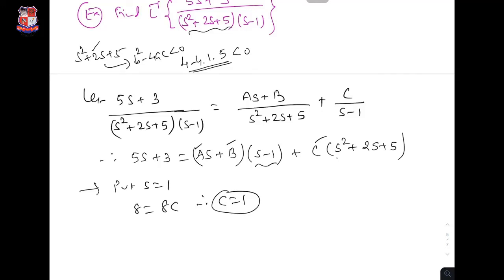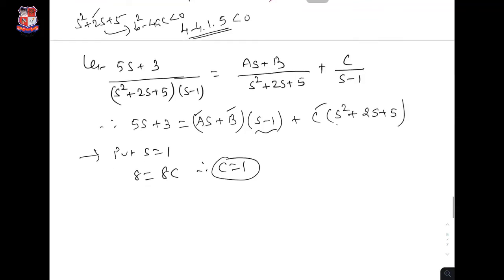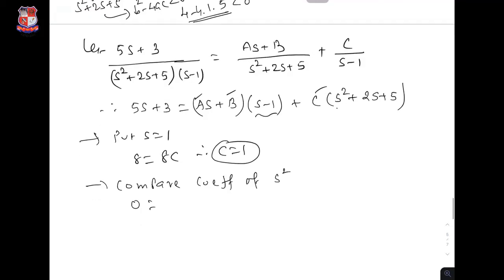Now we can also do the comparison, say compare the coefficient of s squared. On the left side there is no s squared, so that is 0.